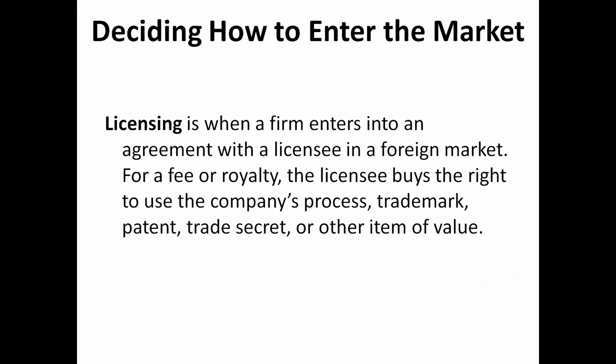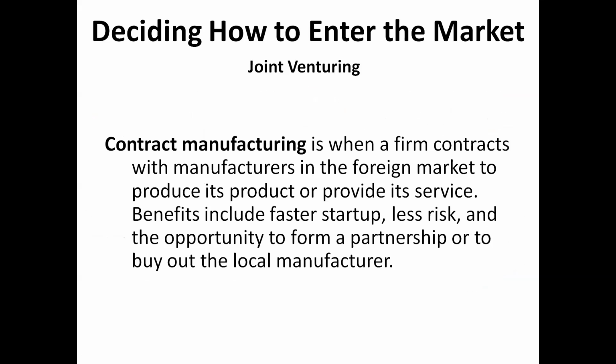Joint venture, you know that. Licensing is when a firm enters into an agreement with a licensee in a foreign market. Contract manufacturing is when a firm contracts with manufacturers in the foreign market. For example, you go and sign an agreement with, say, Thailand, you give specifications and they produce.